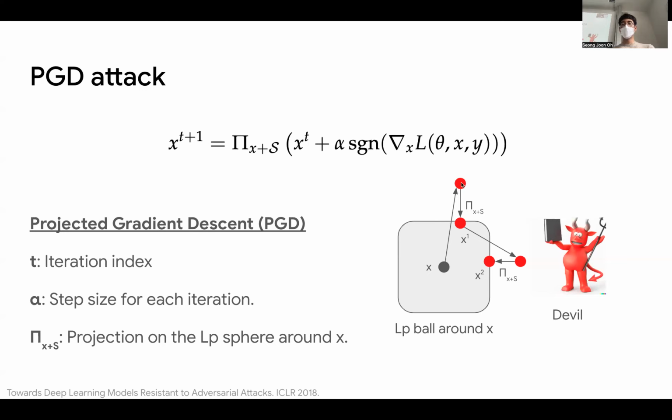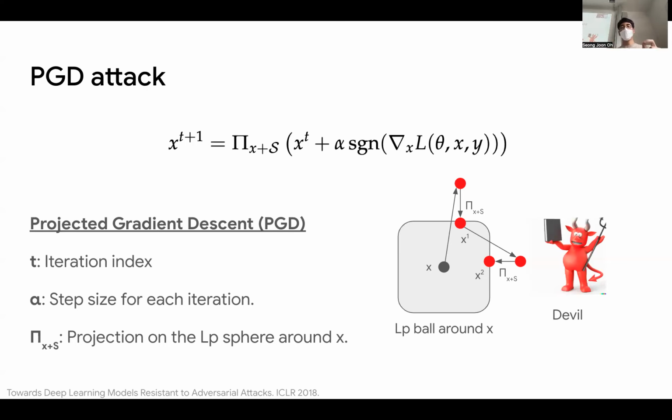So in a sense, you're overshooting beyond the LP ball and then projecting. If you take gradient ascent again, and it overshoots again, you project it back again, and you do it multiple times. So typically you're following the boundary of your LP ball when you do this.